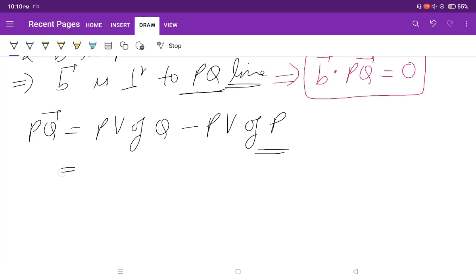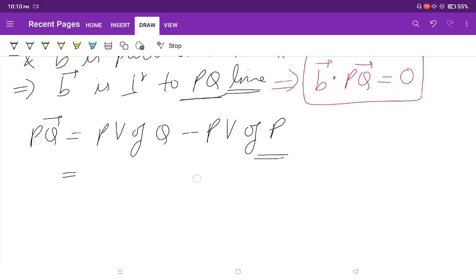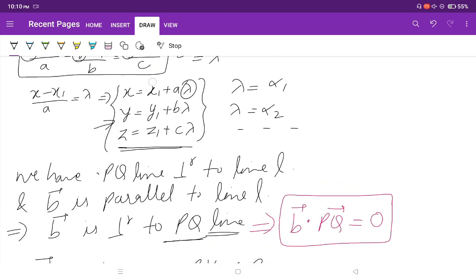So we have position vector of Q. Q has the general coordinates x, y, z.